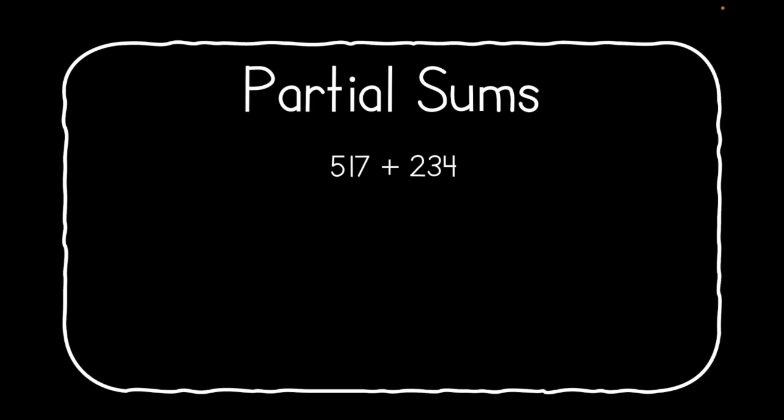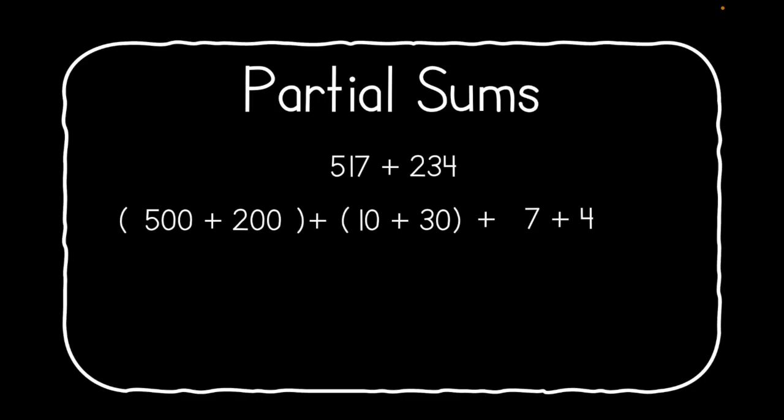All right, so we're going to put our hundreds together, our tens together, and our ones together. And as I said, my students often see it with parentheses, so I like to show them that. I consider this step a teaching tool. I'm not expecting students to write this down.